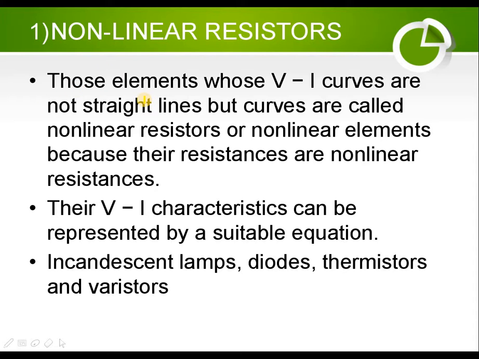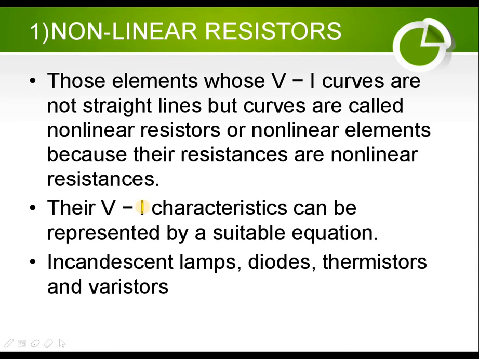In simple terms, I can say that those elements whose VI curves are not straight but curved are called nonlinear resistors. Not straight curves, parabolic, maybe another type of curves. You will see in the upcoming slides. VI characteristics can be represented. What is a VI characteristic?